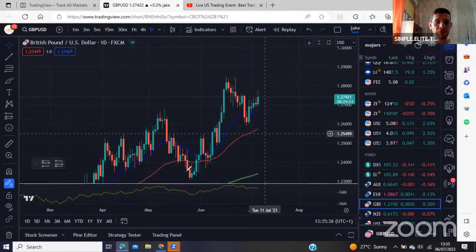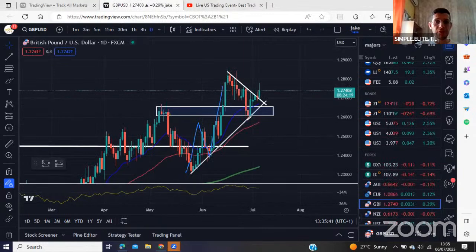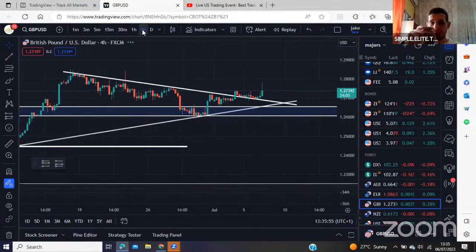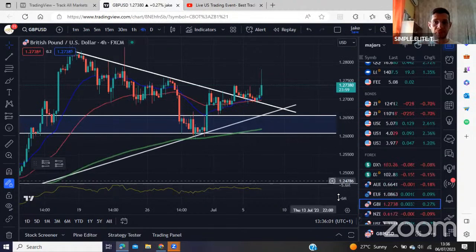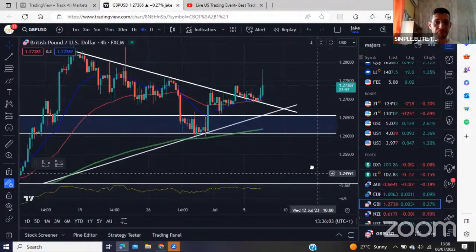As you can see, we are still in an uptrend, and today's price action is rejecting the trend line. So let's drop down the time frame. Price is breaking the trend line.